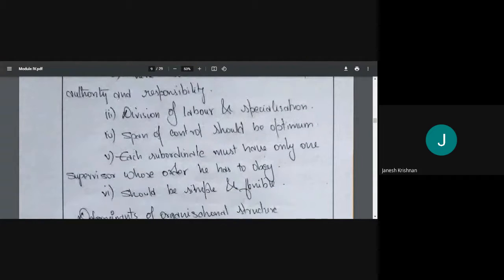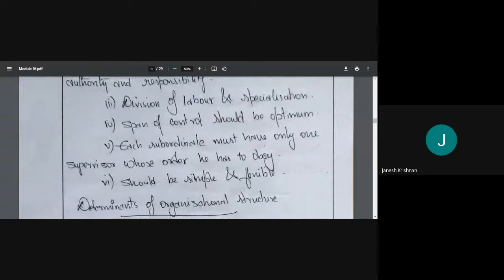Each subordinate must have only one supervisor whose orders he has to obey. Right? Whenever an instruction comes, I should know whose instruction I have to follow, so there is not any confusion. You should only obey the instruction given by your supervisor.